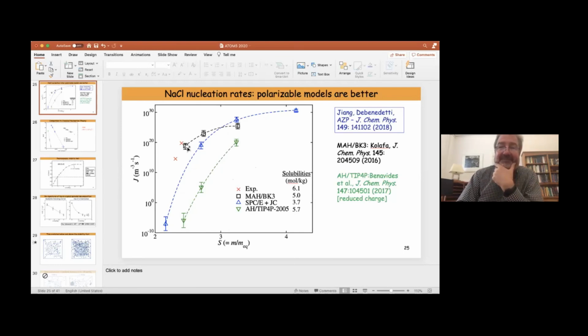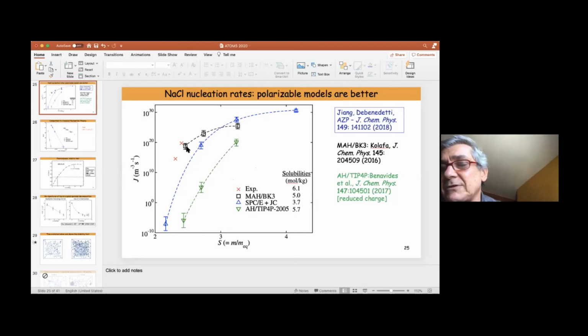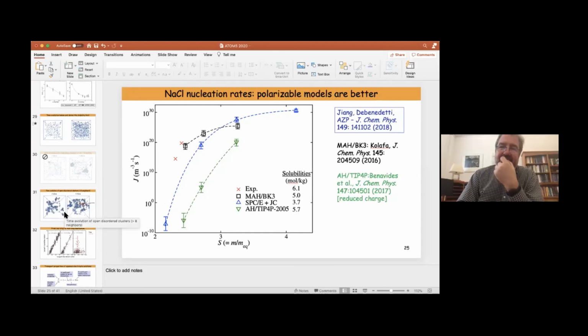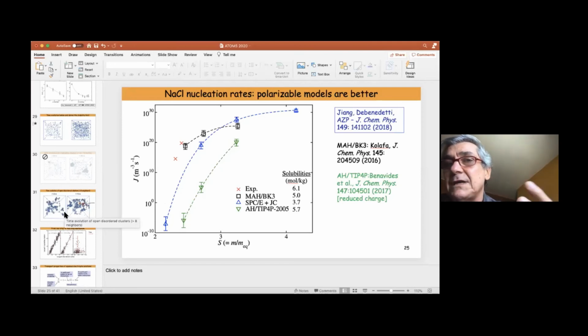Sure, but my question is, you observe qualitatively that at high concentration or high saturation, you may form a liquid-like phase before crystal. Yes. But at the same time, with very high concentration, we may form big structures, and the stability of this structure may depend on the size of the box.